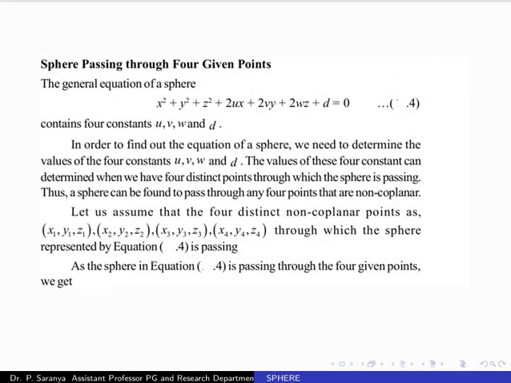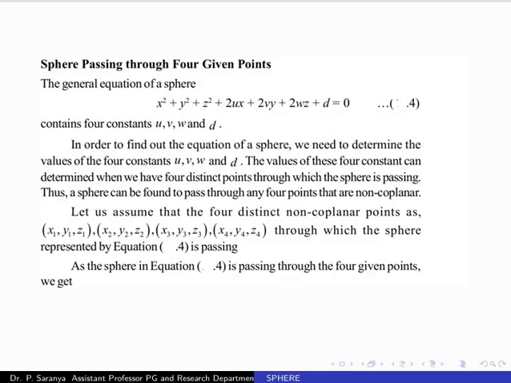Next, we see the sphere passing through 4 given points. The general equation of a sphere, x square plus y square plus z square plus 2ux plus 2vy plus 2wz plus d equal to 0, contains 4 constants u, v, w and d.